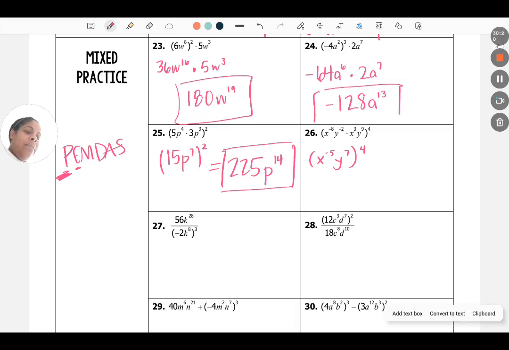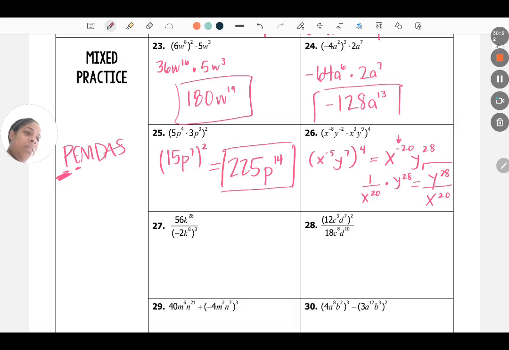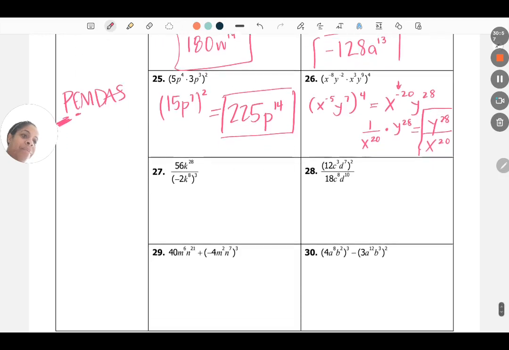So this will give us x, and negative 5 times 4 is negative 20. And y, 7 times 4 is 28. We have a negative exponent. We can't leave that. So this now becomes 1 over x to the 20 times y to the 28th, which equals y to the 28th over x to the 20. Right? Am I wrong? No. There we go. Let's keep it going.